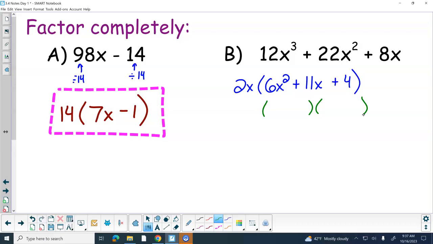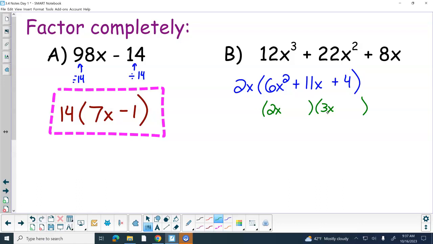6x squared, what multiplies together to be 6x squared? 2x and 3x? Or 1x and 6x, right? So we've got that one if neither one of these work. What multiplies together to be 4? 2 and 2 or 4 and 1? Or negatives.